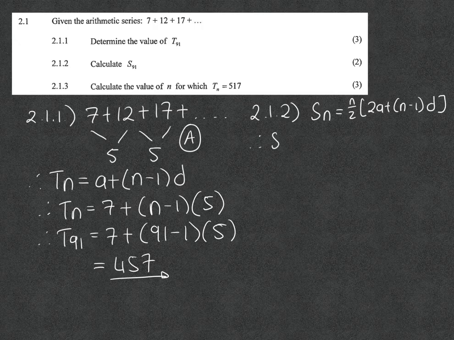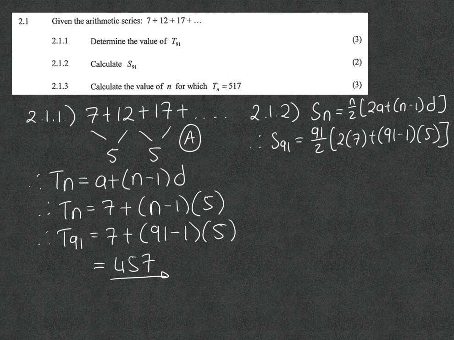So therefore, S of 91 is going to equal 91 over 2, open square bracket, 2 times 7, plus 91 minus 1 times 5, close square bracket. Again, use your calculator straight away. And the answer that the calculator gives us is 21,112.